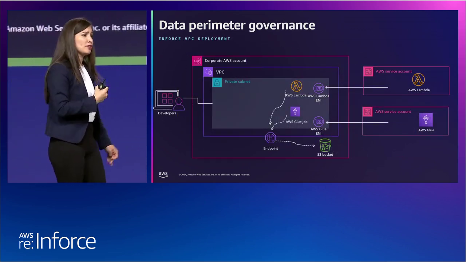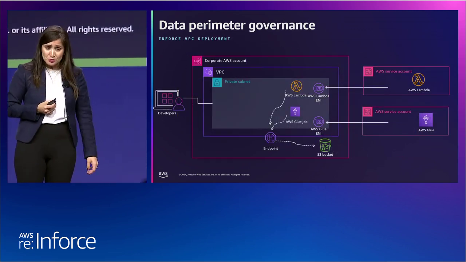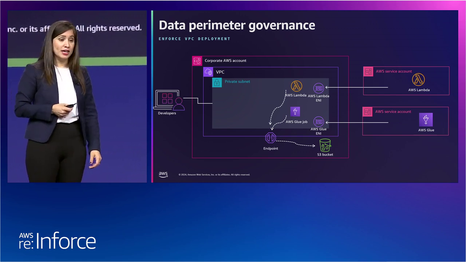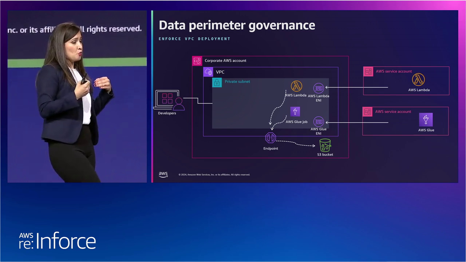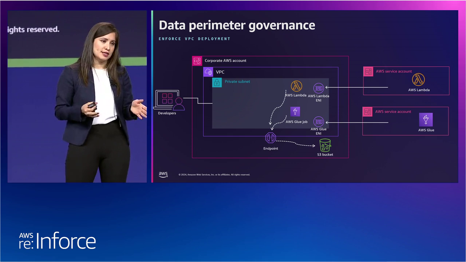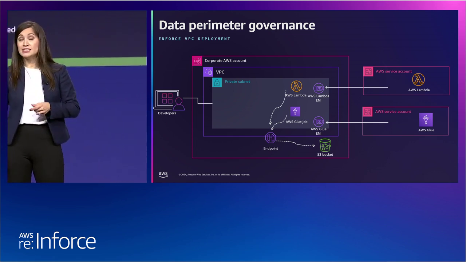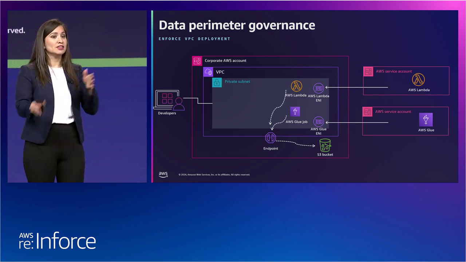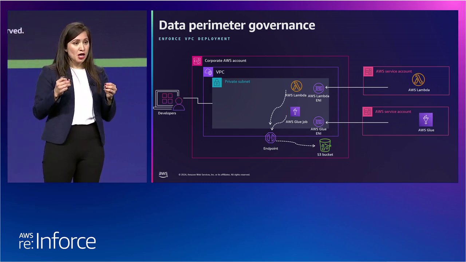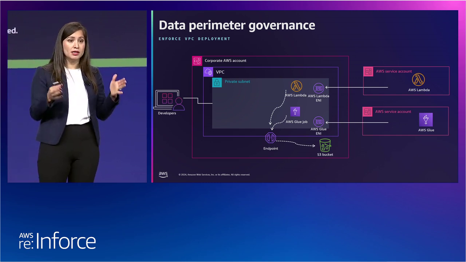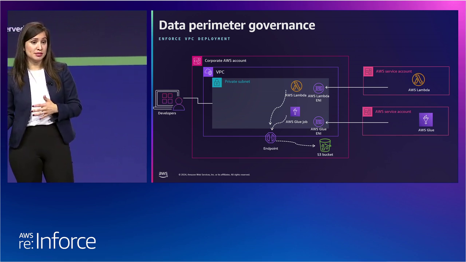And there is one more thing I wanted to mention today, and I think it is very interesting. When you have services like AWS Lambda, AWS Glue Jobs, SageMaker that have different deployment types. With Lambda, you're probably familiar that you can deploy it outside of your VPC.